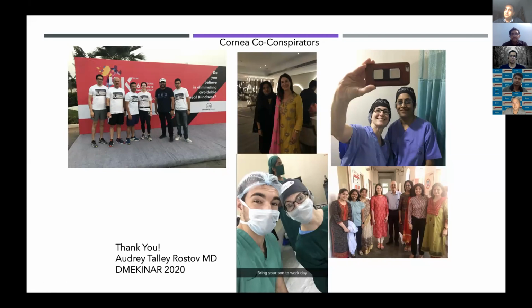I think the importance of learning DSEK first, you must learn the rescue first, because in the first few cases there is every possibility you may lose the graft at any point of time, during donor preparation or during unfolding. During PI, a lot of bleeding sometimes happens that actually kills the surgery.